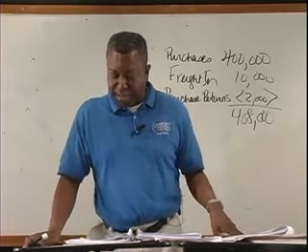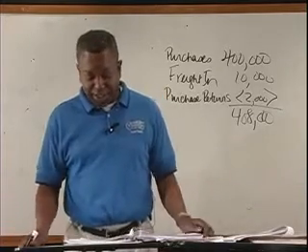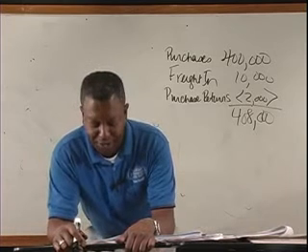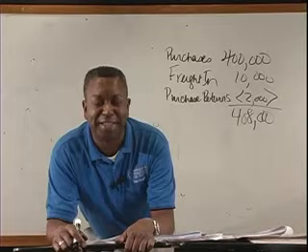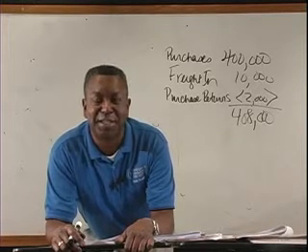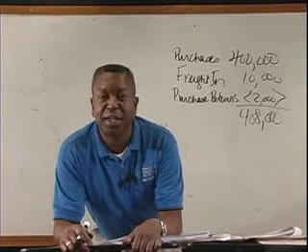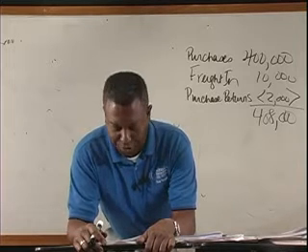On December 28th, 2008, Kerr Manufacturing purchased goods costing $50,000. The terms were FOB destination. What does that mean? Remember, FOB destination is that the seller inventories the cost of the goods in transit until they actually reach the buyer.